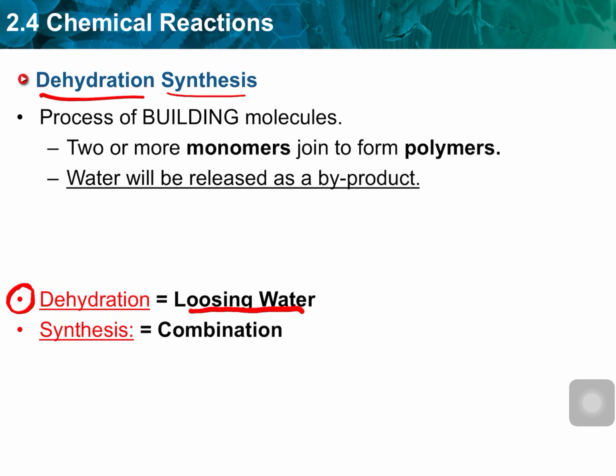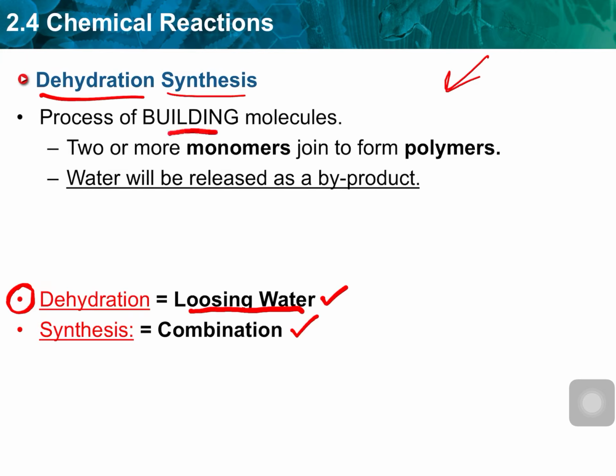Now, synthesis means combination. So if I'm synthesizing something, I'm bringing it together, I'm combining it. So I'm losing water and I'm combining two molecules. Okay, so I'm going to go back up here for a second. So dehydration synthesis, we're building molecules. That's the synthesis part.